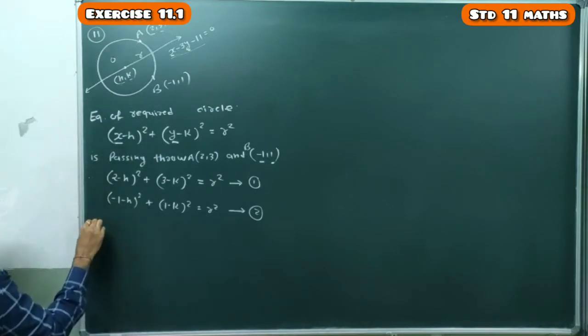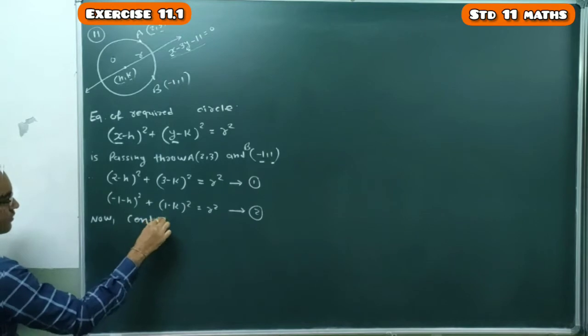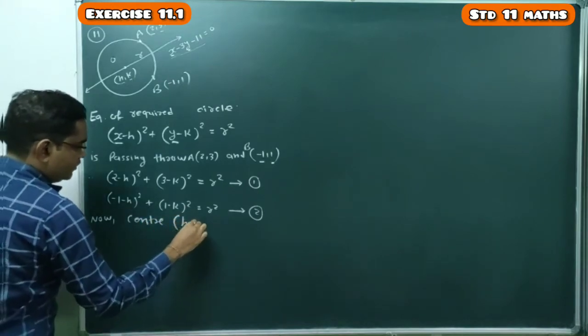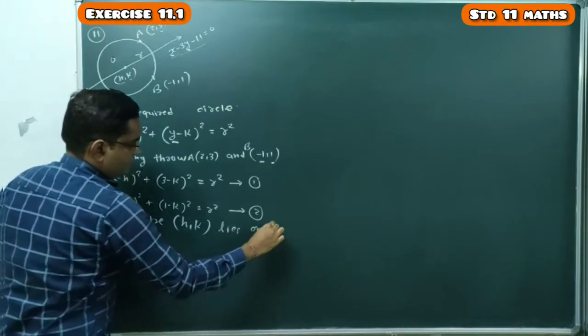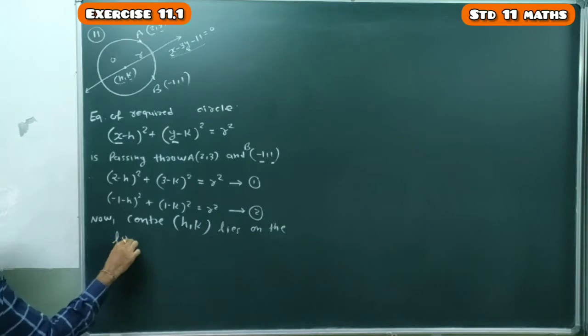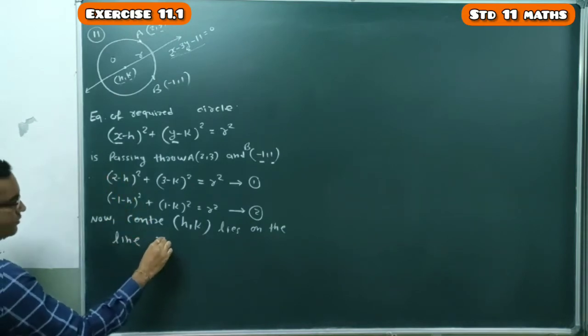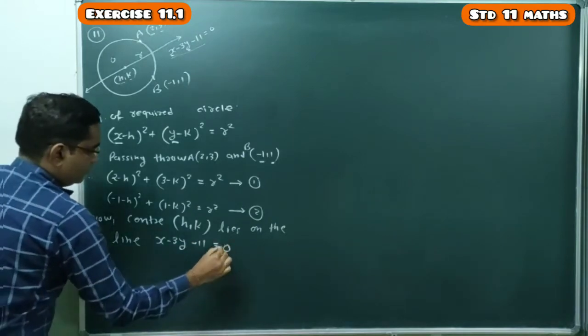So now we can write: the center of the circle, which is h comma k, lies on the line. The equation of the line is given, x minus 3y minus 11 equal to 0.